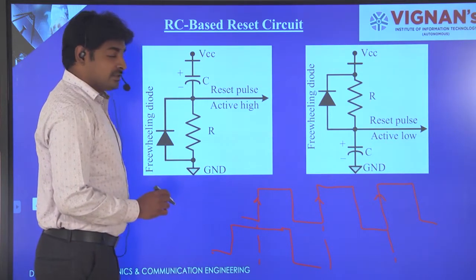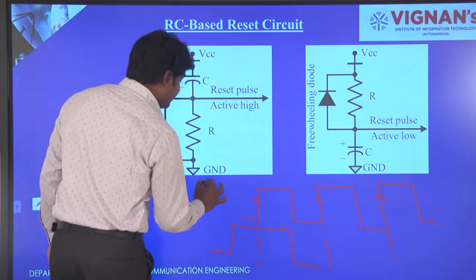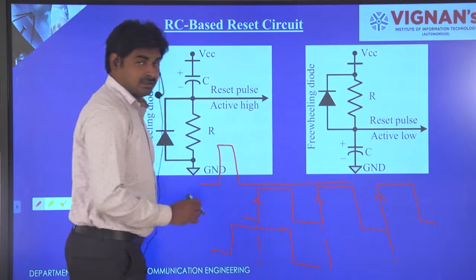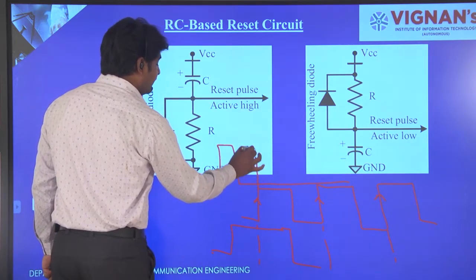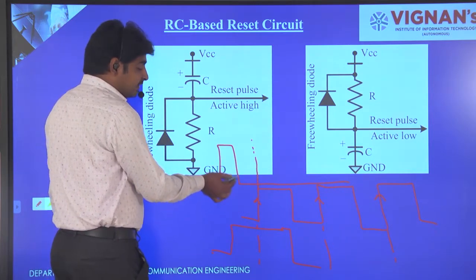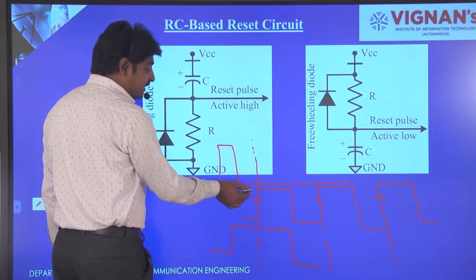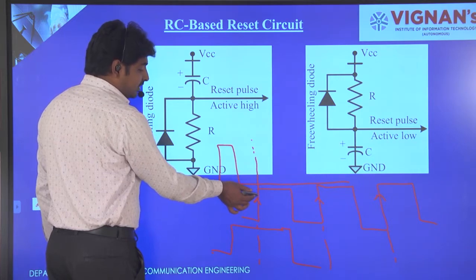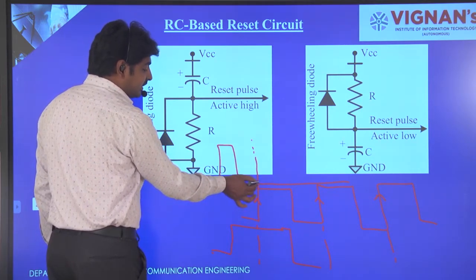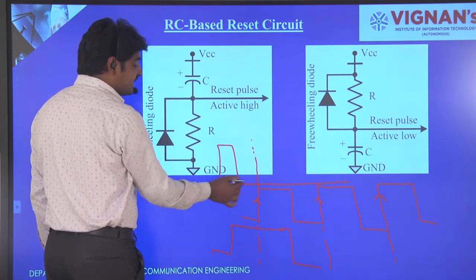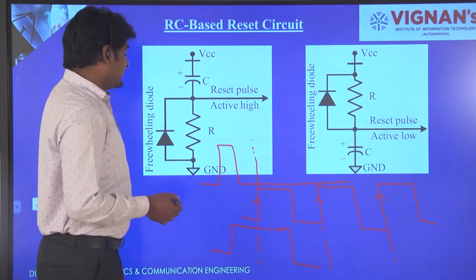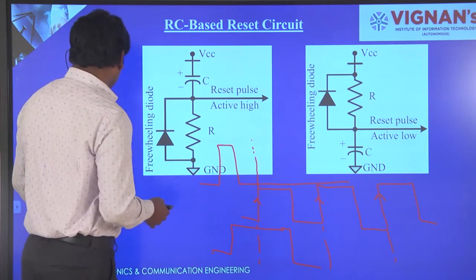If the pulse is not large enough, if it is very small, then what happens? Your clock cannot identify it, because though the reset pulse is given, across the positive edge the controller is unable to identify it, because here it is 0. This is happening because the pulse duration is very low. So that is one more thing that you have to consider.